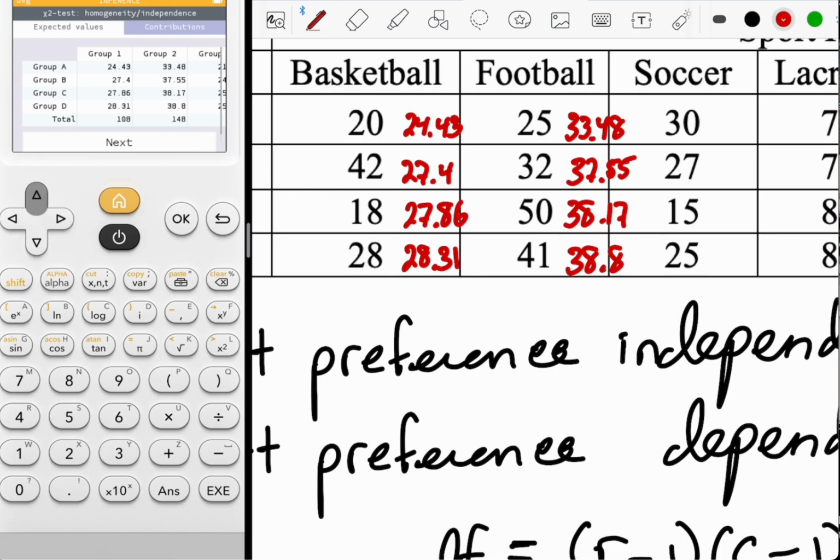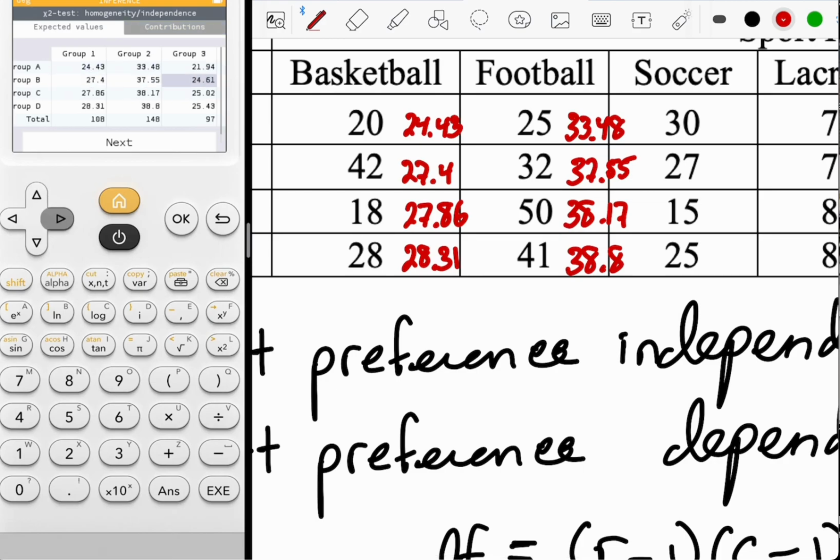Scrolling down, scrolling. Nope. There we go. 21.94, 24.61, 25.02, 25.43. Don't worry about the last value in any row or column because those are just the totals anyway.